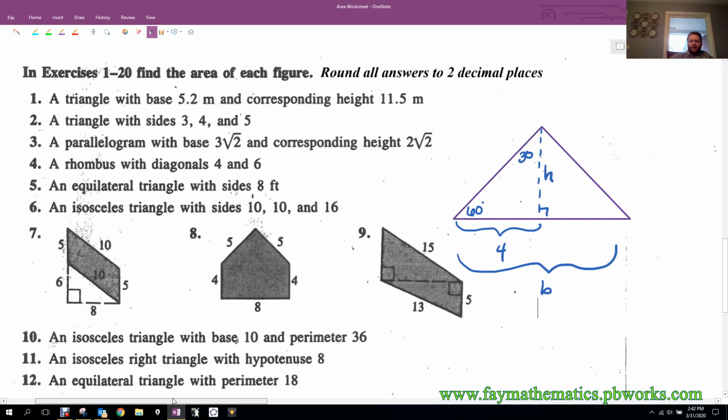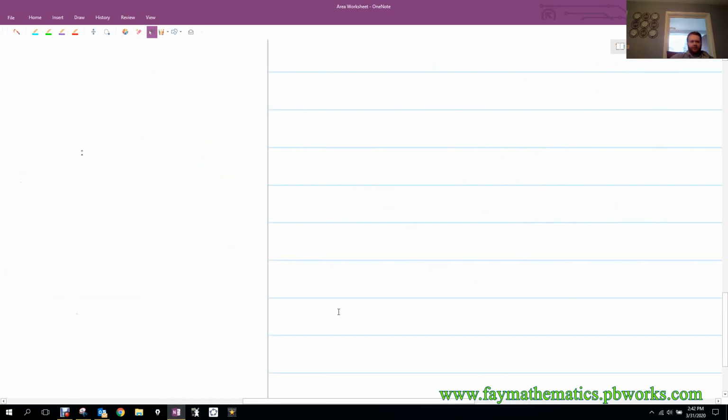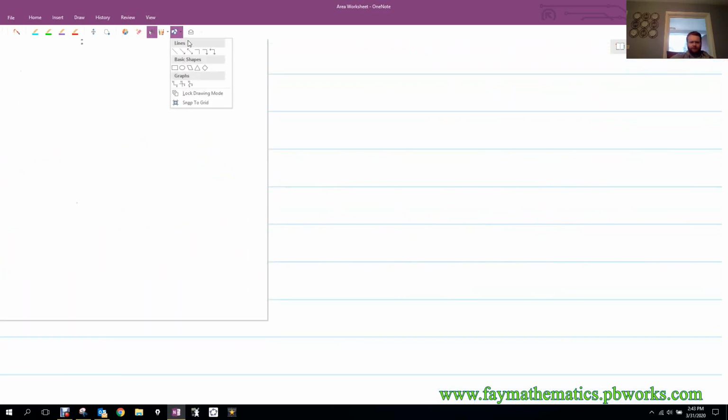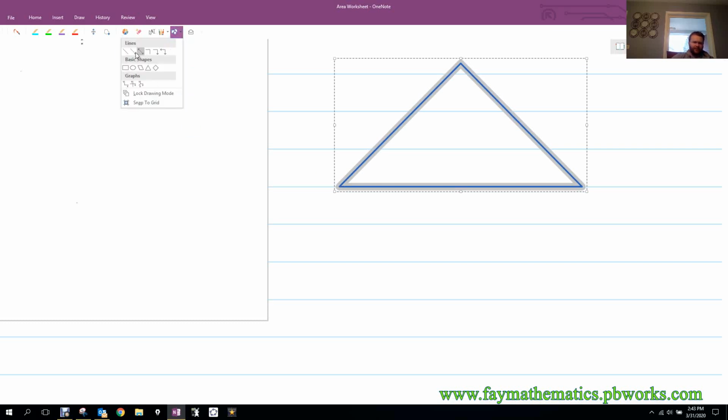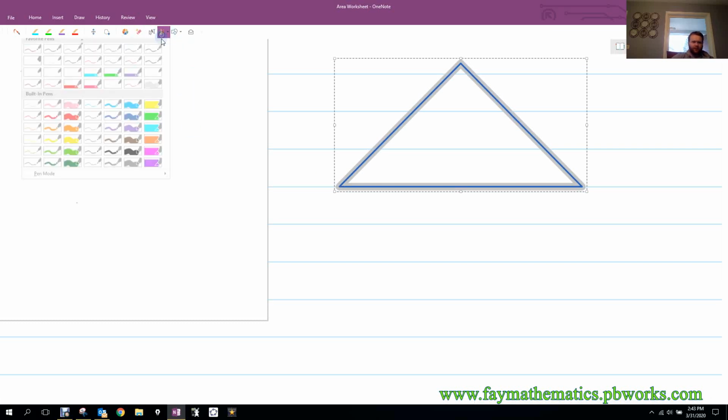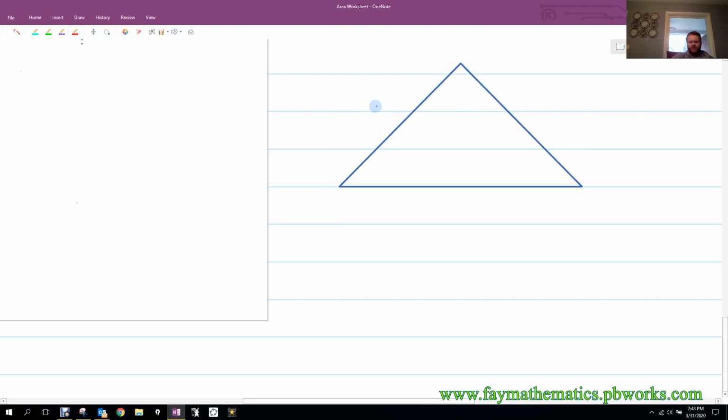Okay. Equilateral triangles are unique in the respect that you can come up with its own little formula. So if I have an equilateral triangle, let's say this is s, then that would have to be s, and that would have to be s.